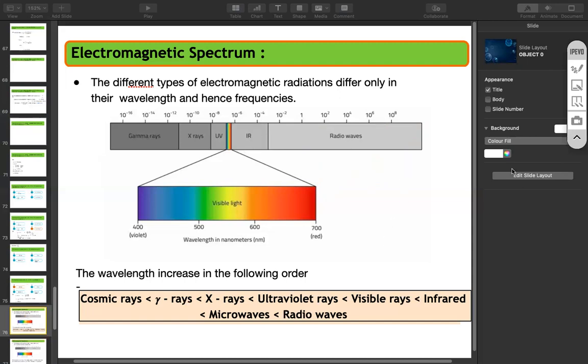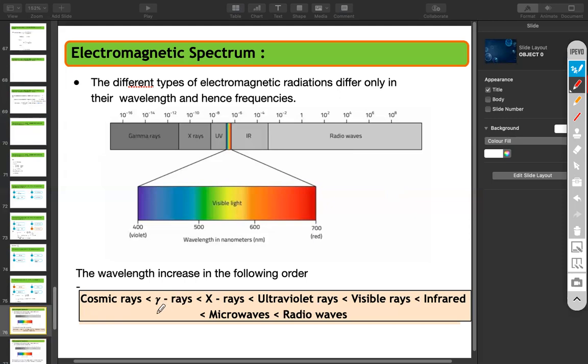Here you have gamma rays, here X-rays, here UV rays, ultraviolet radiations, here visible rays, and here infrared and radio wave. These are the electromagnetic radiations, and the wavelength increases in this order. So this is the increase in the wavelength.